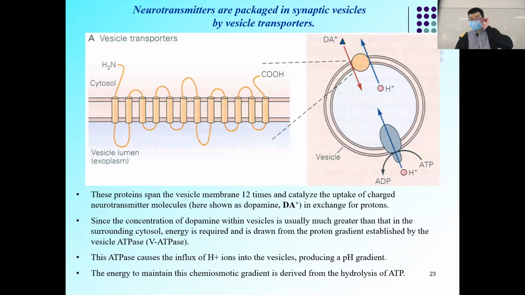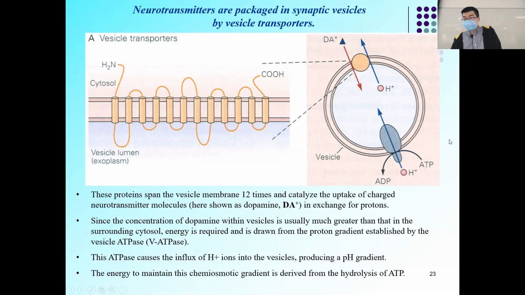For the proton pump, does it exist from the beginning or appear after release of the neurotransmitter? Your student asks whether the proton pump is there before or after. Now, we believe that it's always there, okay?